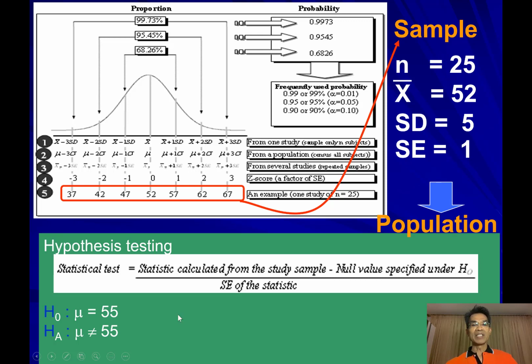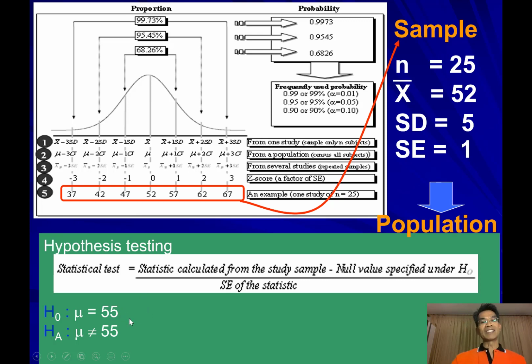So I just make it up that we have a research question: does the weight of this group differ from 55 kilograms or not? So here is the hypothesis. The null is mu equal to 55. The alternative is not equal to, and this is called two-sided hypothesis testing.